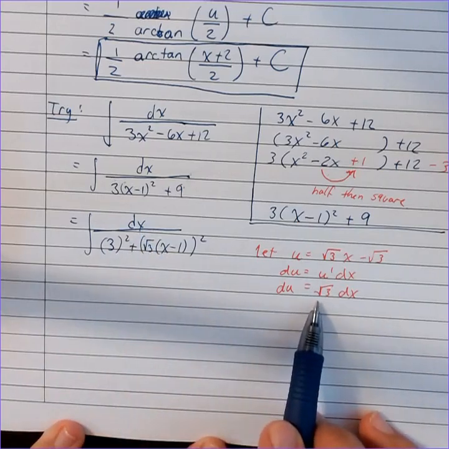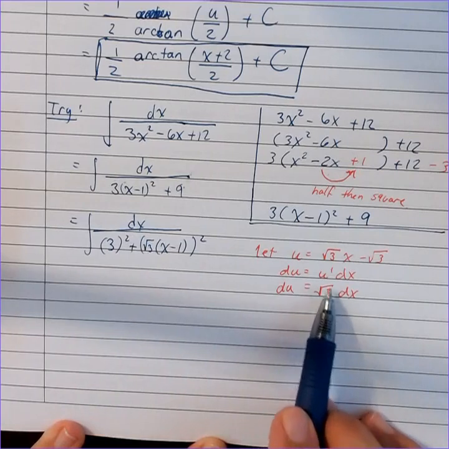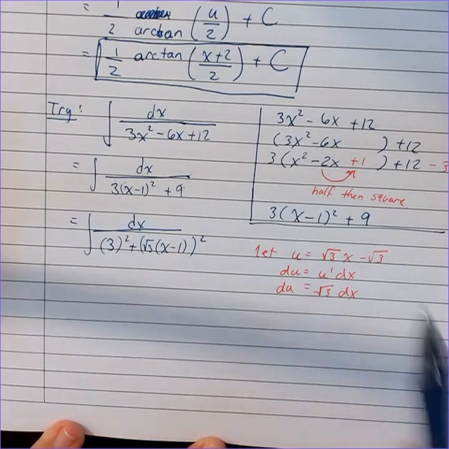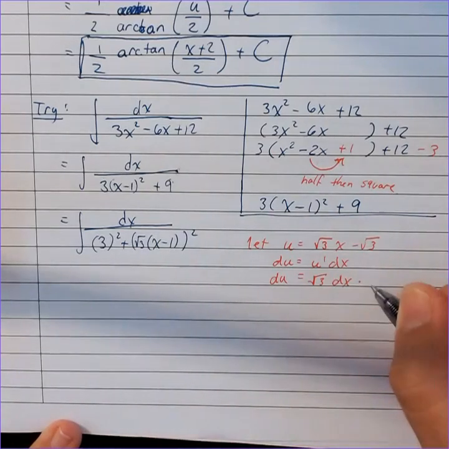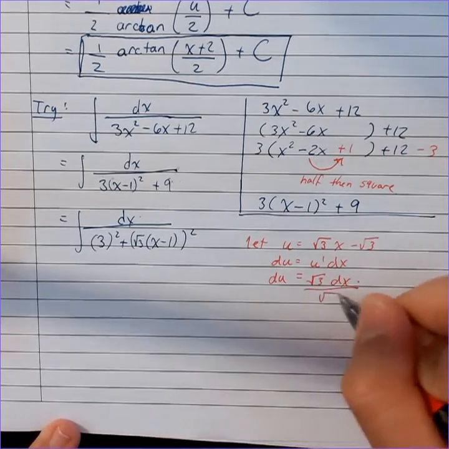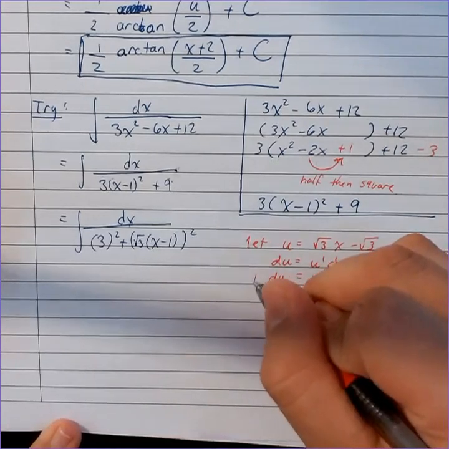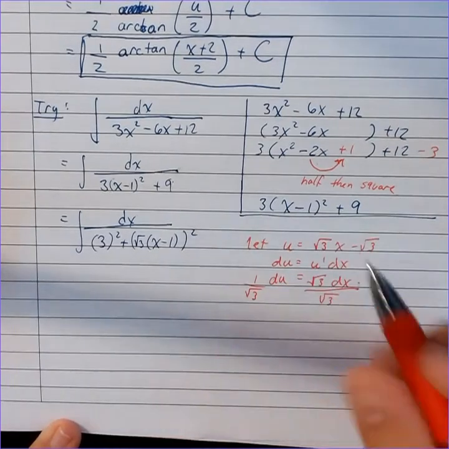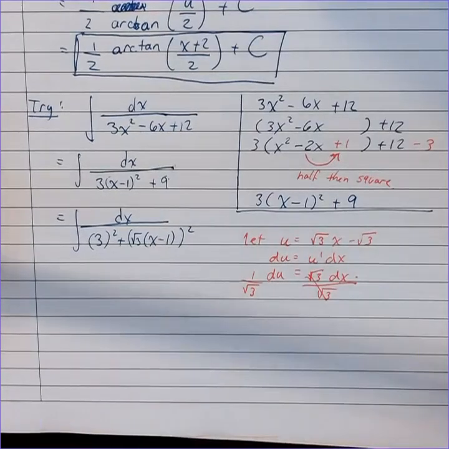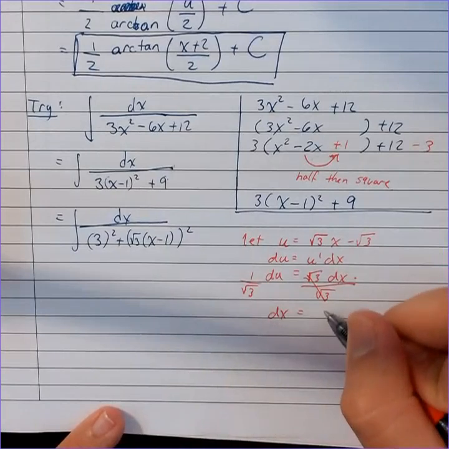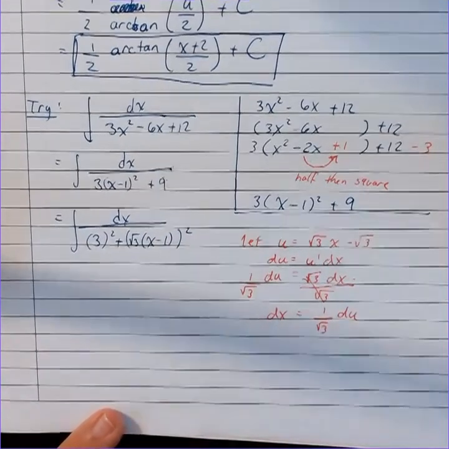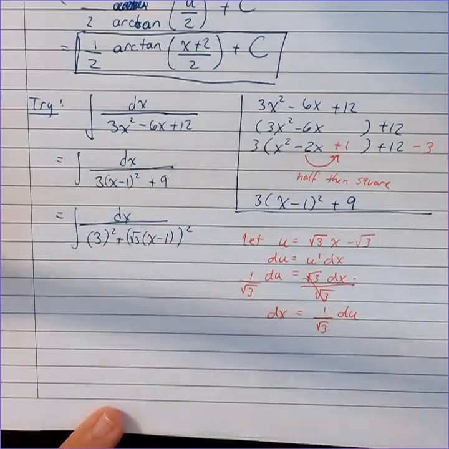So I really should be getting rid of that root 3. I don't need it. So let me divide on both sides by root 3. These divide away, and I'm left with a simpler expression: dx is equal to 1 over root 3 du. That's that dx right there.